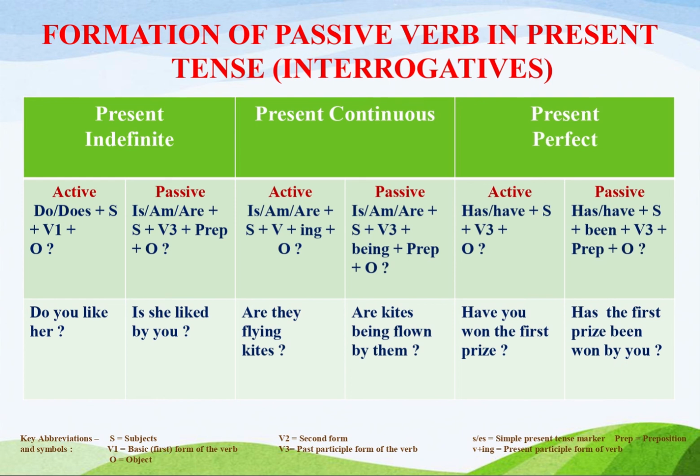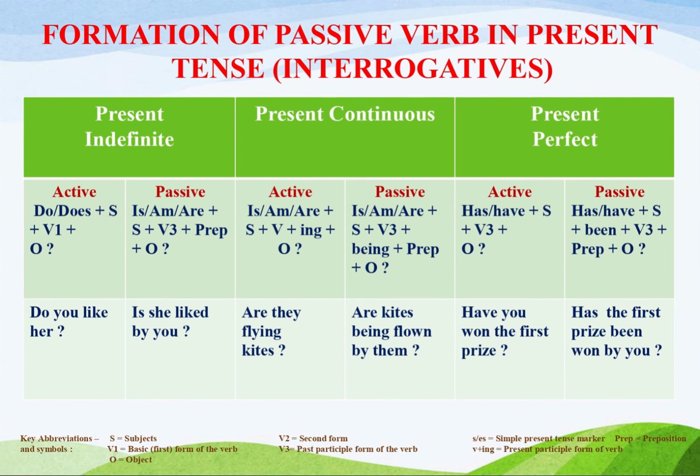Now moving to the present continuous tense. Interrogative form is or am or are plus subject plus verb plus ing form plus object.